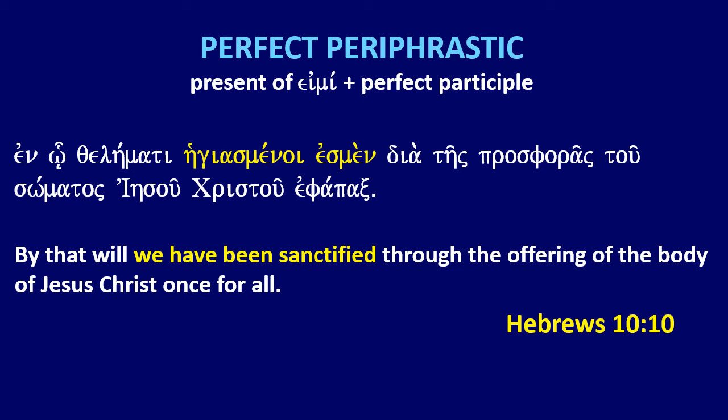And so what does it form when you have a perfect tense with a present form of eimi? You've got a perfect periphrastic construction. It's just another way of stating something as a perfect tense. So you would translate it, we have been sanctified. The idea is we were sanctified in the past, and the results continue to the present. We are in a state of still being sanctified through the offering of the body of Jesus Christ once for all.